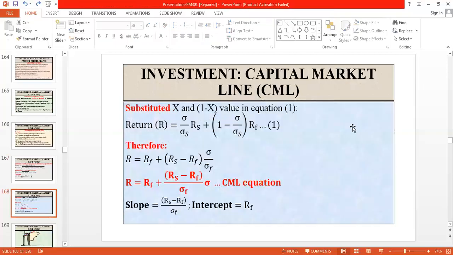So now we are coming to the next slide. We have already got from the previous slide the values of x and 1 minus x. So you substitute the values of x and 1 minus x in equation 1, which is the expected return of the combined portfolio of equities and bonds.